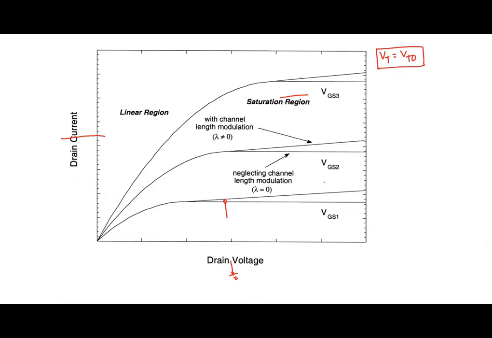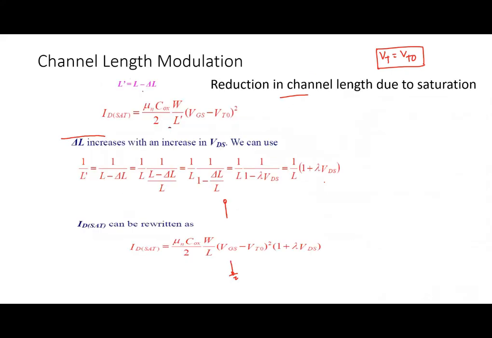And here you can see the device current is not constant from here onwards. There is certain variation. Because we are having this variation, we are actually neglecting the channel length modulation parameter. So to include this into your mathematical model, this needs to be included: 1 plus lambda VDS. So here you can see, this is the reduction in channel length. Accordingly, you solve it, this becomes 1 plus lambda VDS.